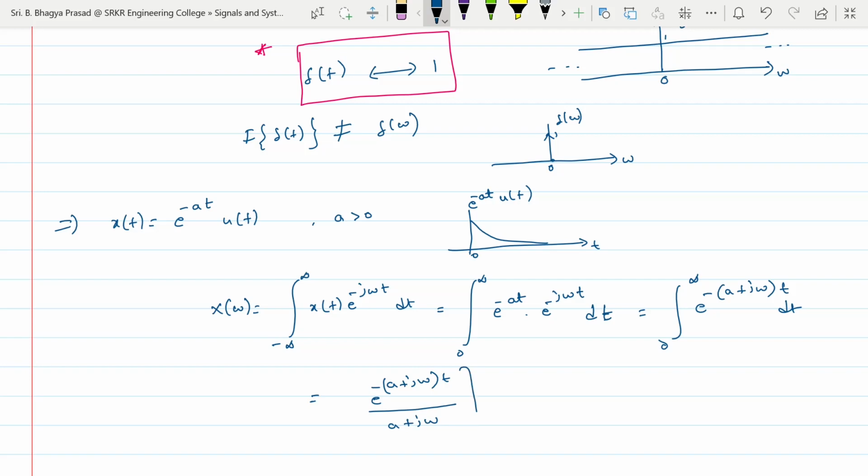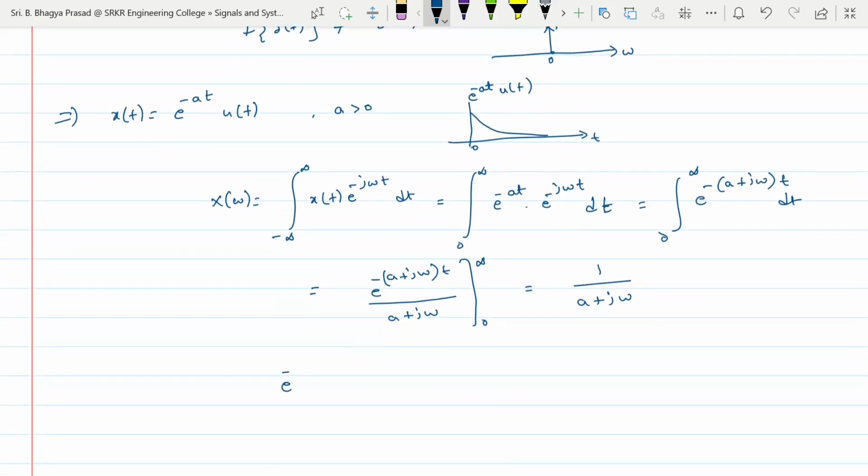Okay. And this gives the answer as 1 by a plus j omega. So the Fourier transform of e power minus at u of t is 1 by a plus j omega.